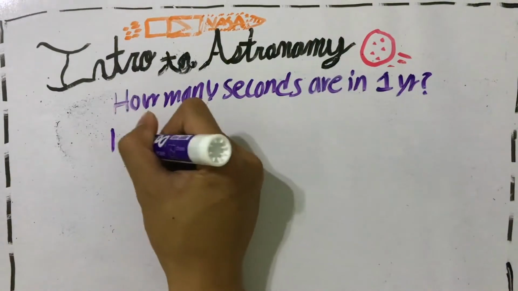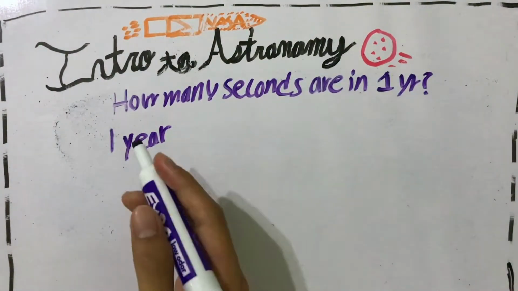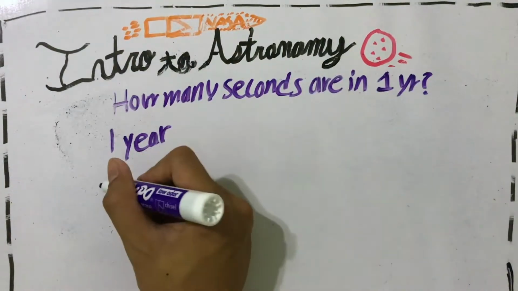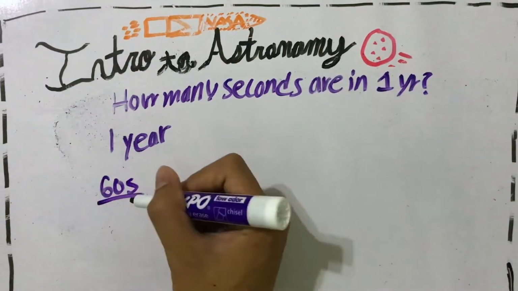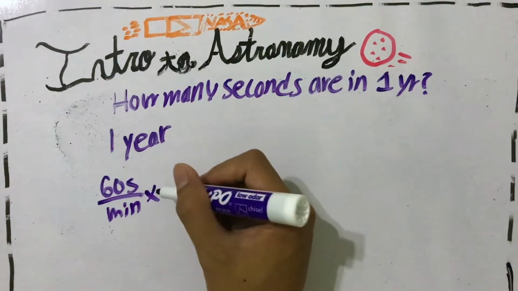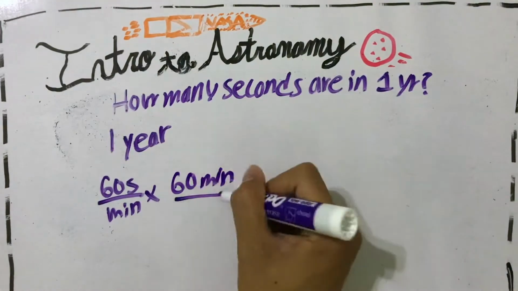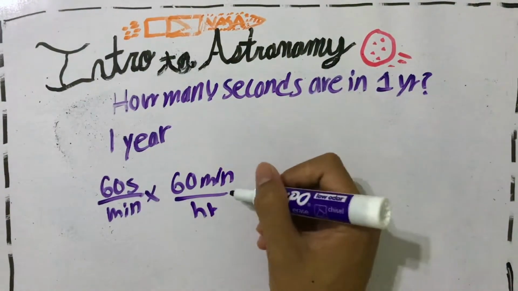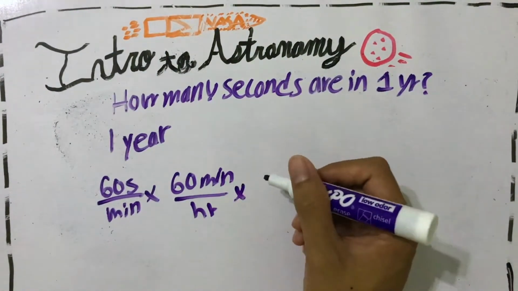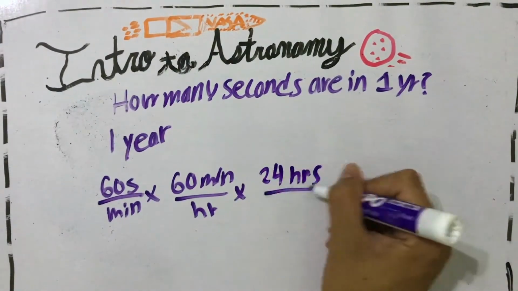So we have 1 year. That's what we're trying to find. We can start by knowing that 60 seconds is equivalent to 1 minute. And we can multiply that by 60 minutes over 1 hour to cancel the minutes. To cancel the hours, we need to know that 24 hours are in 1 day.